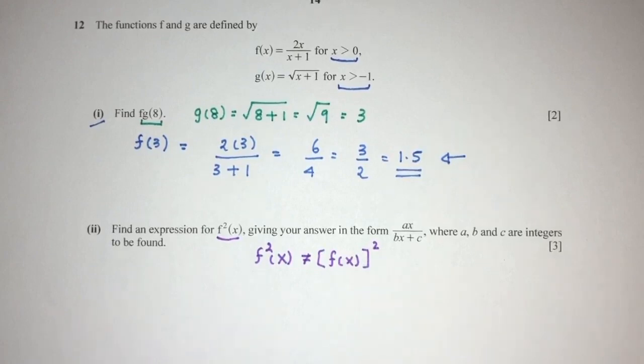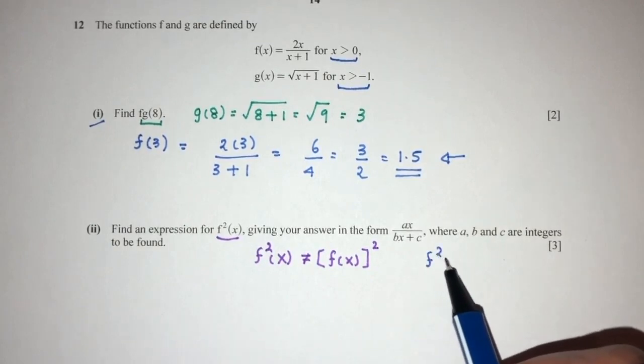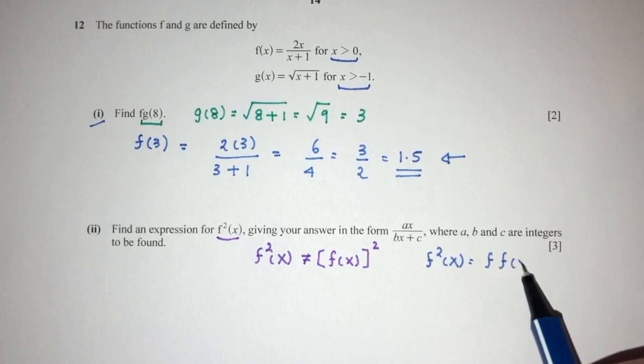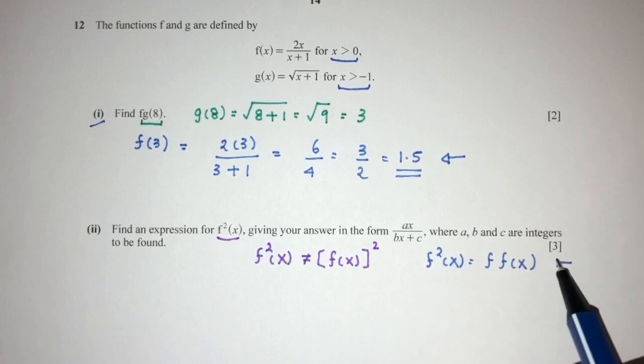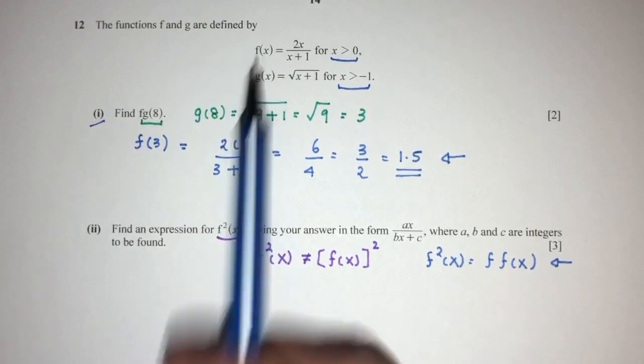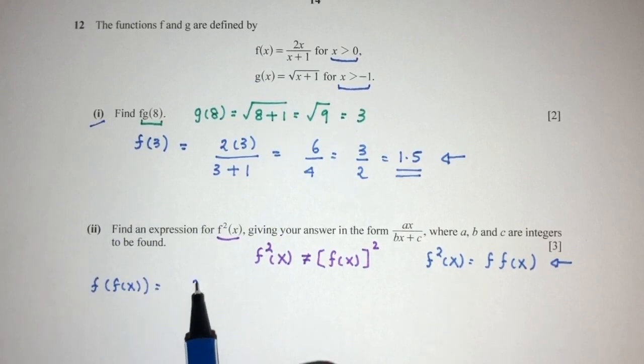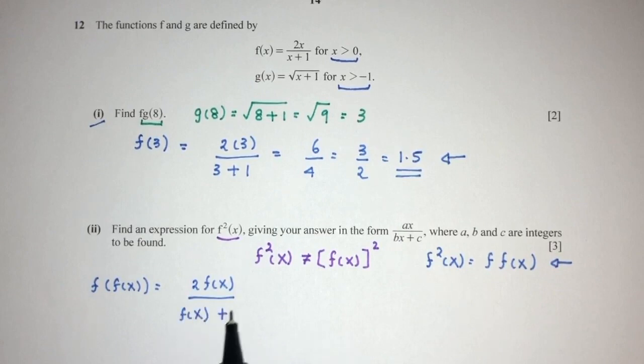So this is a tricky one, but it's pretty simple as well. f squared of x is actually f of f of x. So that's how we should find that value. One by one, f of x is this, replace x by f of x. So you will have 2 f of x over f of x plus 1.